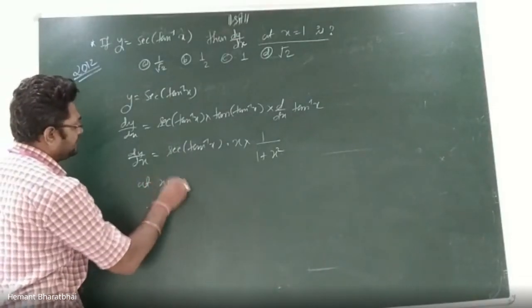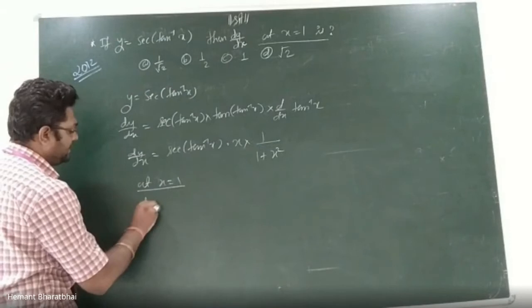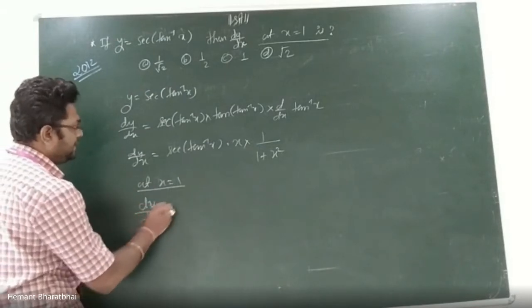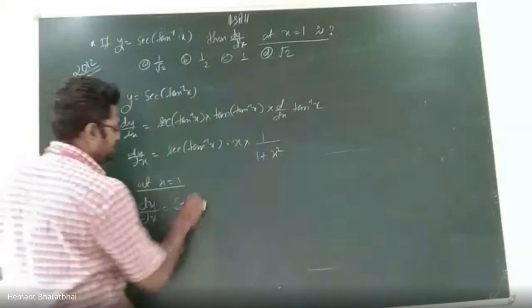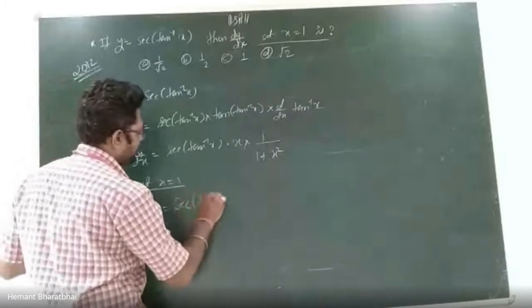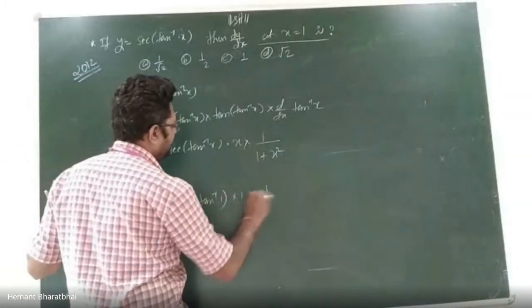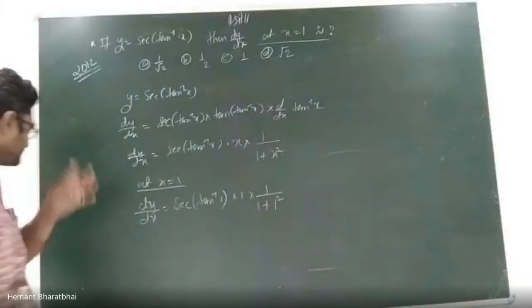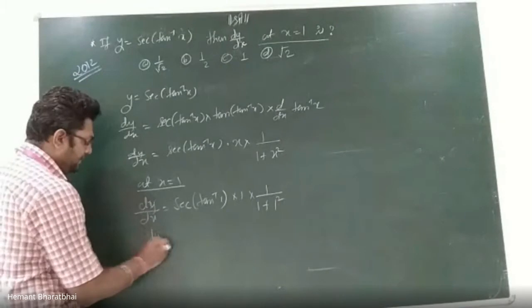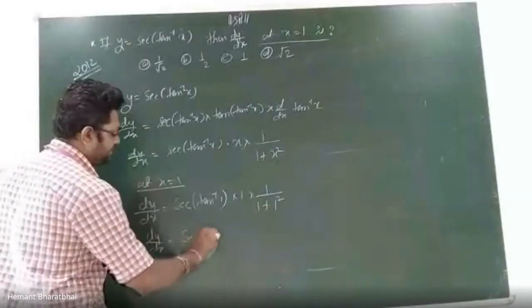At x is equal to 1, I will get dy by dx is equal to sec of tan inverse of 1 into 1 into 1 upon 1 plus 1 square.